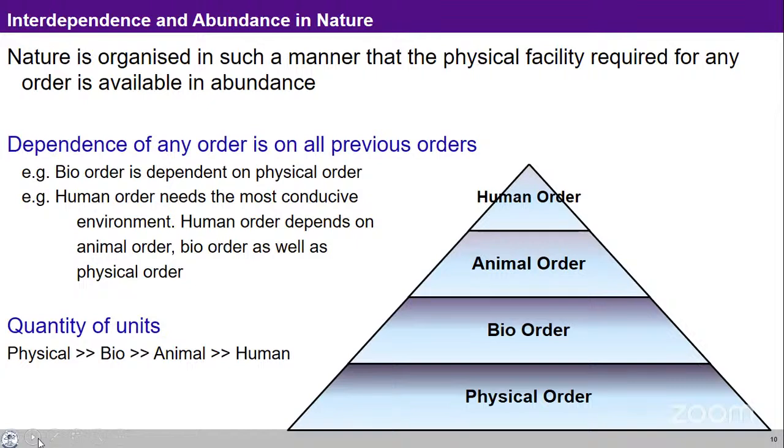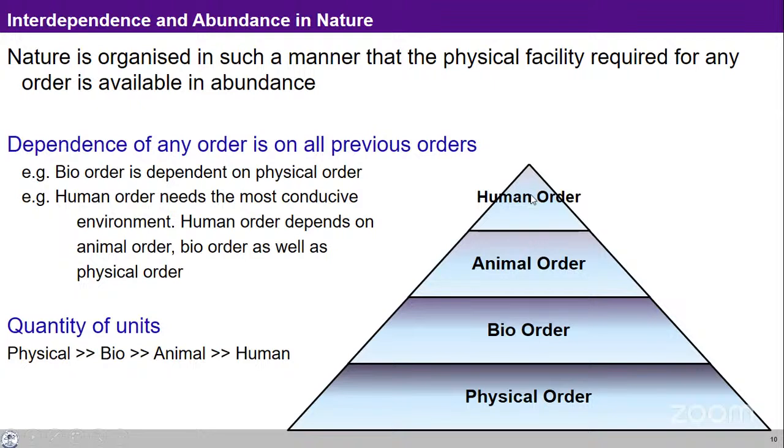If we compare the quantity available, dependence of any order is on previous orders. Bio order is dependent on physical order. Animal order, if we see, is depending on both bio order and physical order.